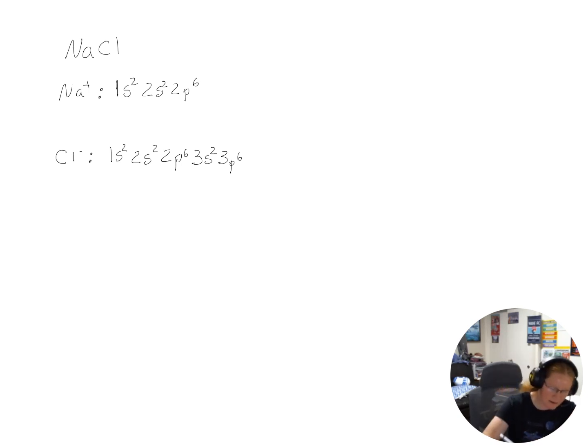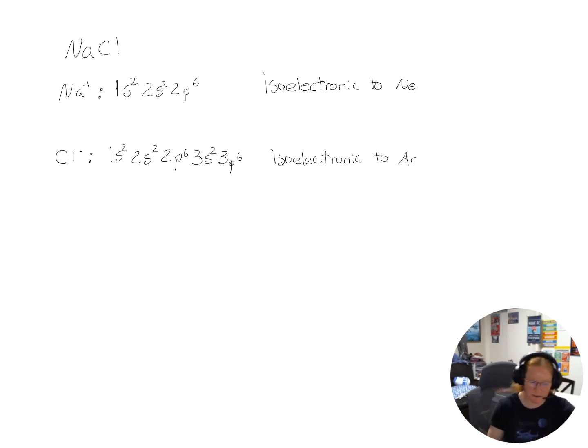And so here, my sodium is going to be isoelectronic to neon, and my chloride is going to be isoelectronic to argon. And so that is the purpose behind our bonding.